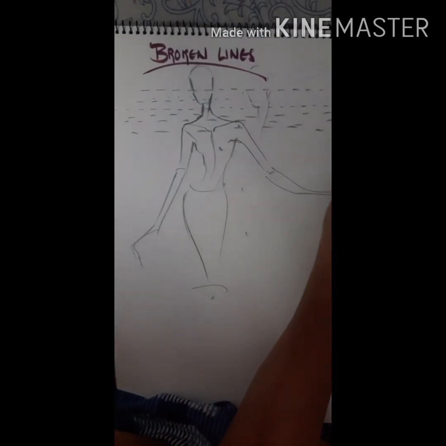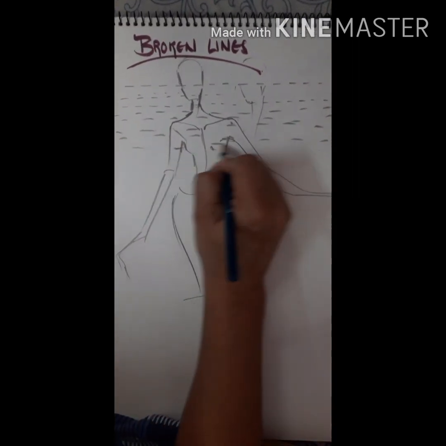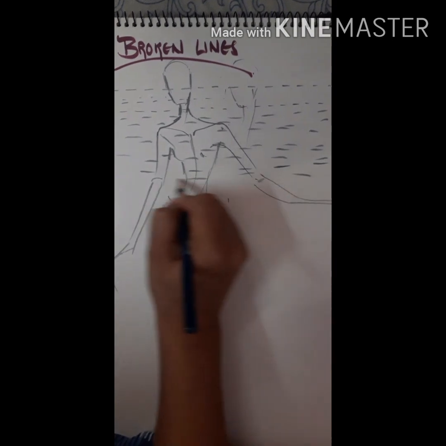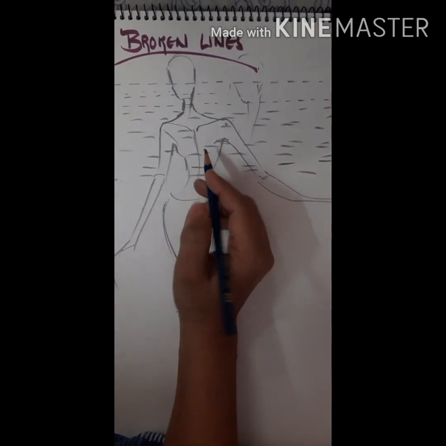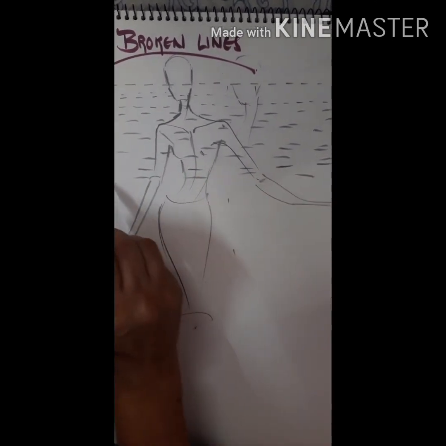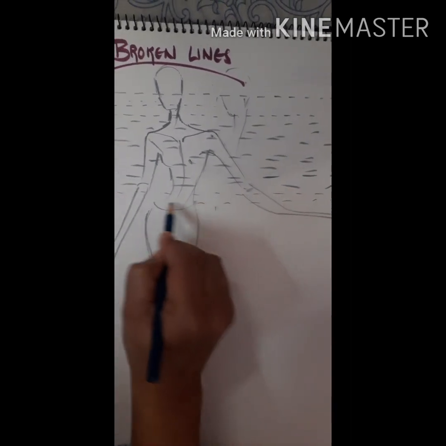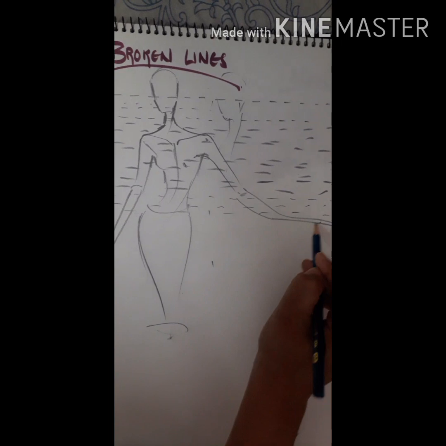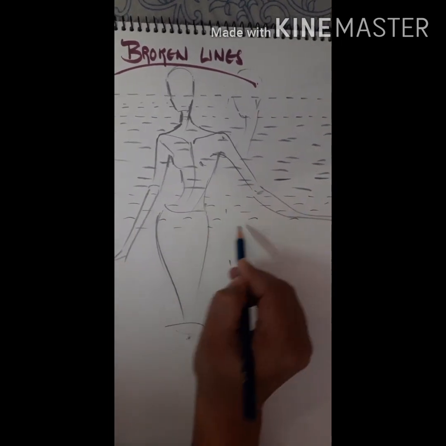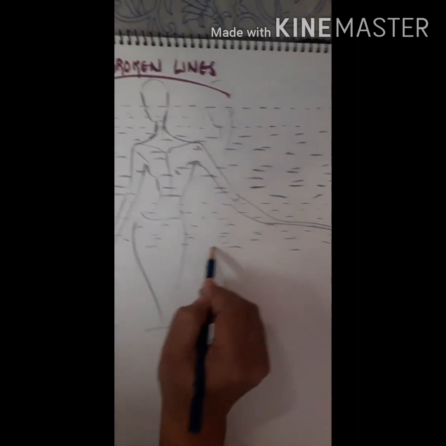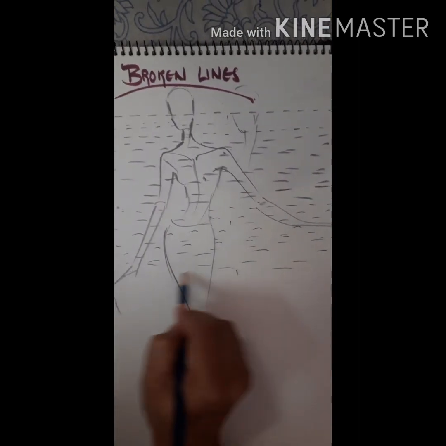Forward, backward, forward, backward. For this, you need to pick up your pencil like this and do it in a quick form. You don't have to be slow because jumps are always faster than your walk. So forward, backward, forward, backward.